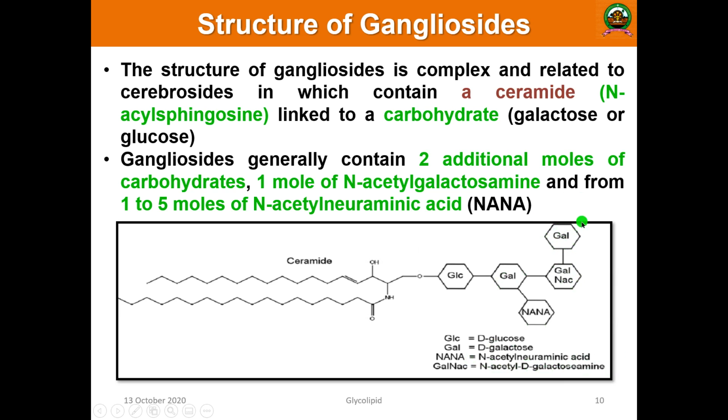Here 2 galactose and 1 glucose are present. So like that you will have 1 to 2 additional moles of carbohydrate. That is another important aspect. Glucose, galactose, N-acetyl neuraminic acid, and N-acetyl D-galactosamine are the major components of gangliosides.